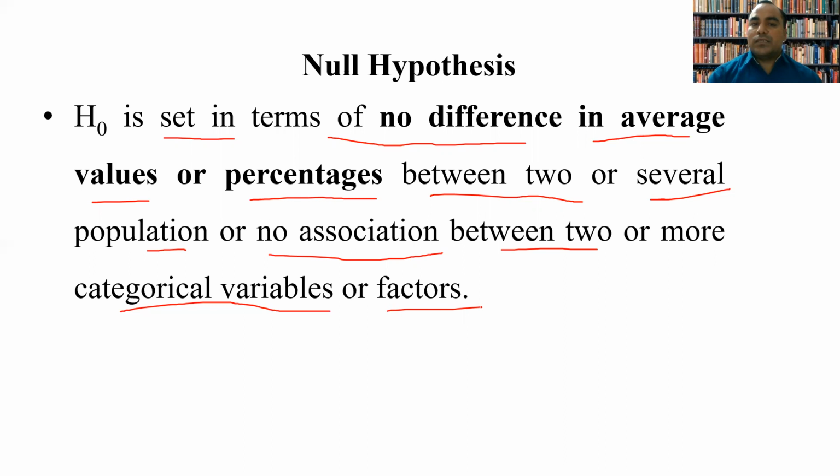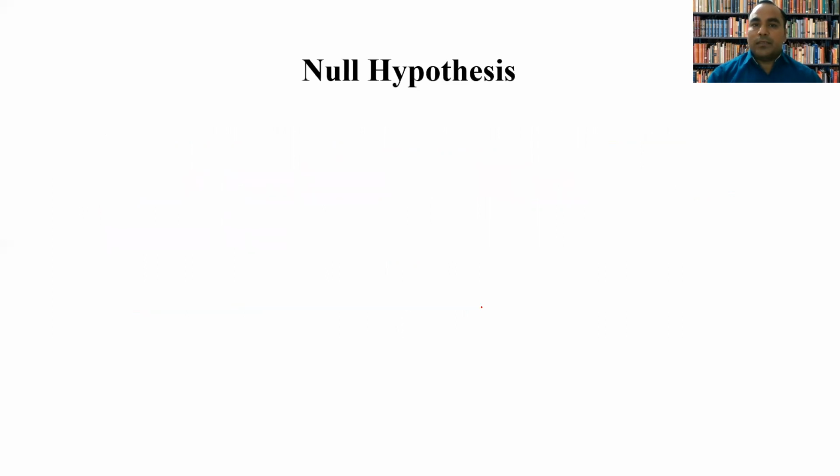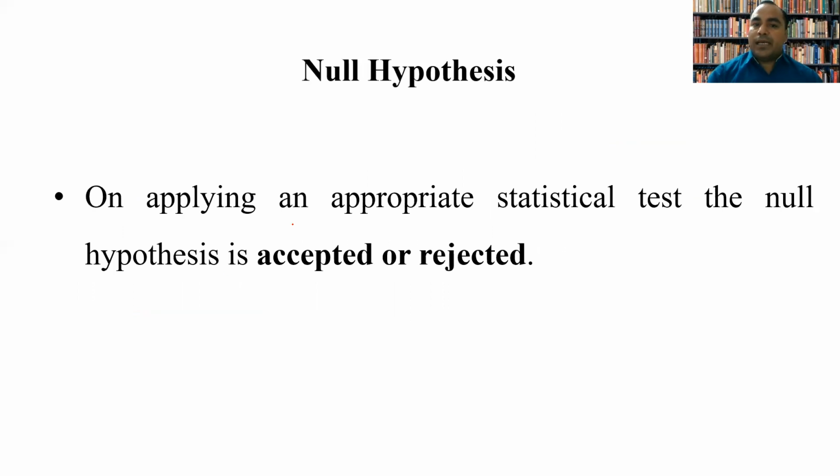This statement we can state before beginning the analysis. So this type of hypothesis is called null hypothesis. On applying an appropriate statistical test, the null hypothesis is accepted or rejected with help of probability value or p value. We'll discuss it in a coming slide.